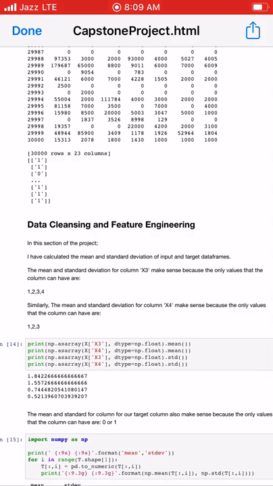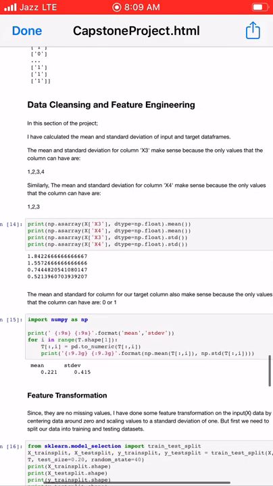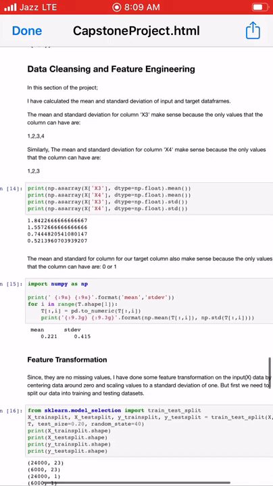Similarly, for the column X4, we have values 1, 2, and 3, and the mean is 1.8 and the standard deviation is 0.5, which are within the range of values we can have. Similarly, for the target, since we can only have values 0 or 1, the mean and standard deviation are both within that range.